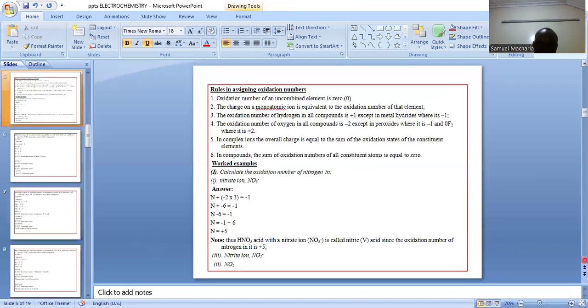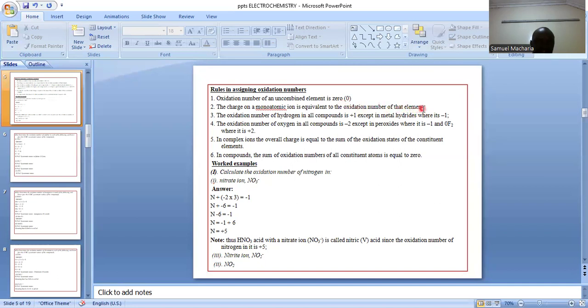I want us now to look at some rules that we use to assign oxidation number. First rule, the oxidation number of an uncombined element is always equal to 0. Then number 2, the charge on a monoatomic ion is equivalent to the oxidation number of that element.